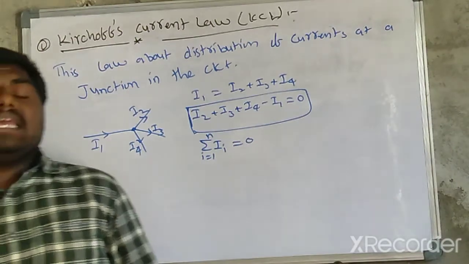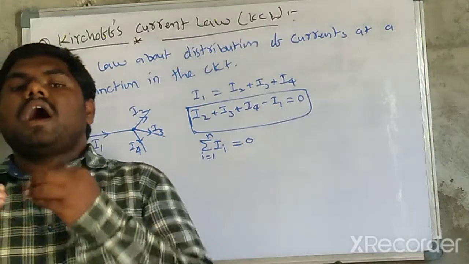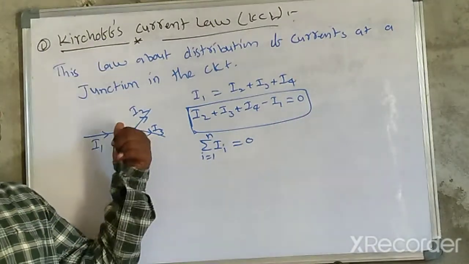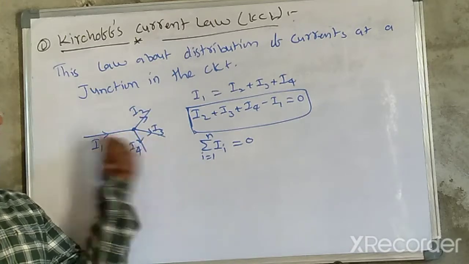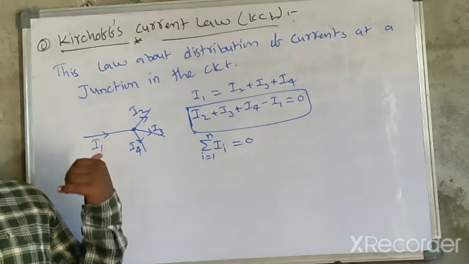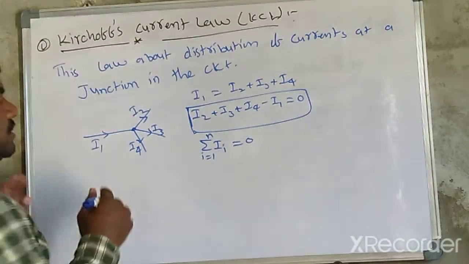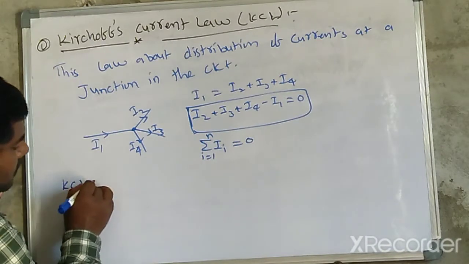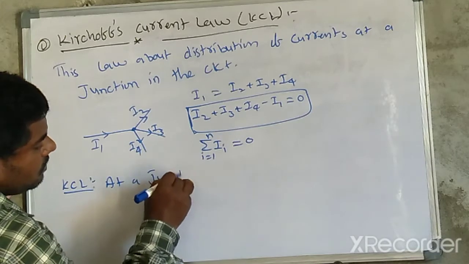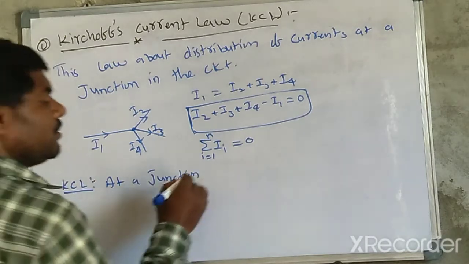It means at this junction the sum of all the currents is equal to 0.